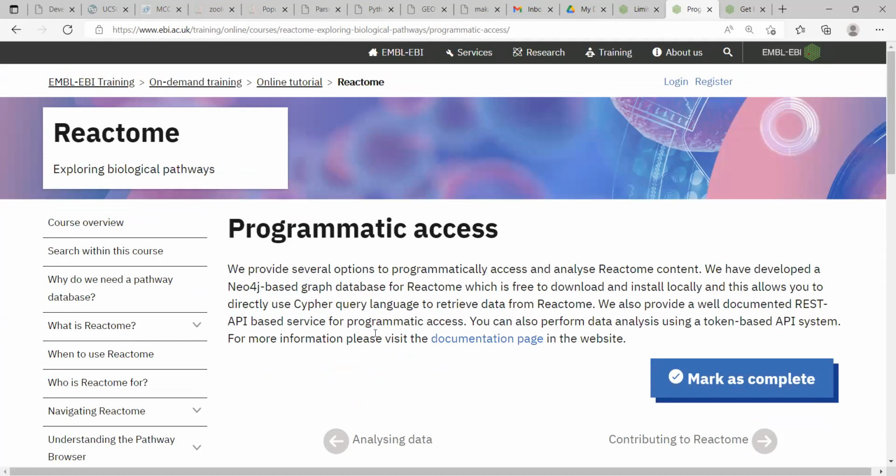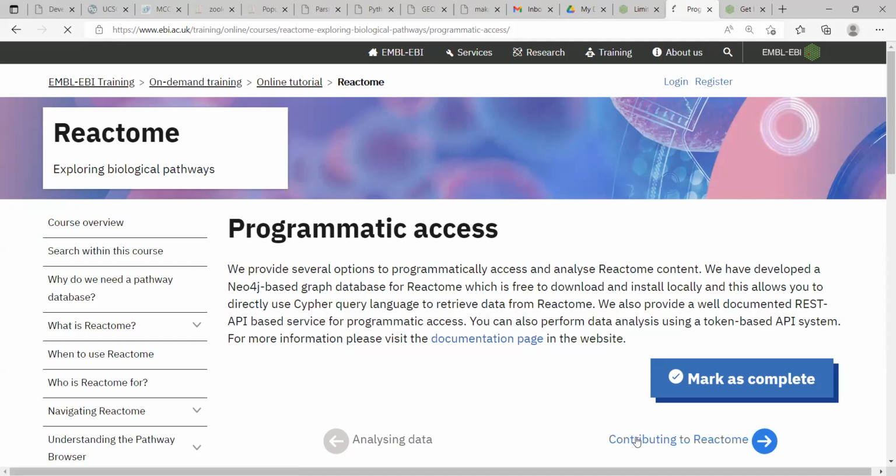So this is another added advantage: if we write a program to get the data from that database, that is also possible. That is not possible in many other databases, but nowadays this kind of programmatic accessibility is added to such large datasets, which will be useful for future generations.